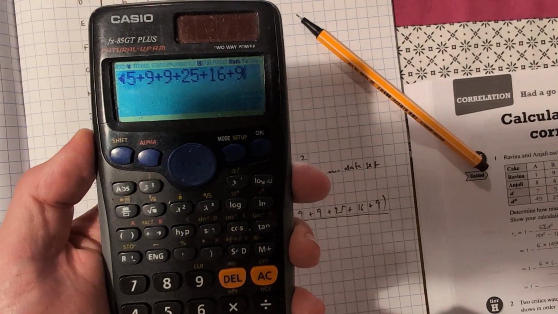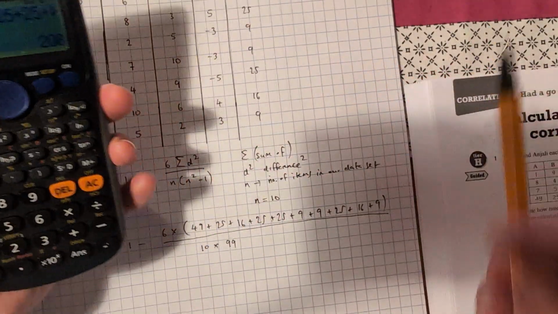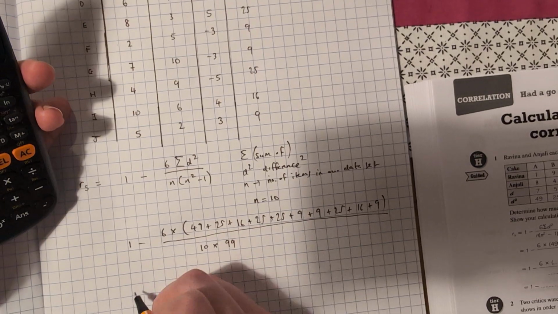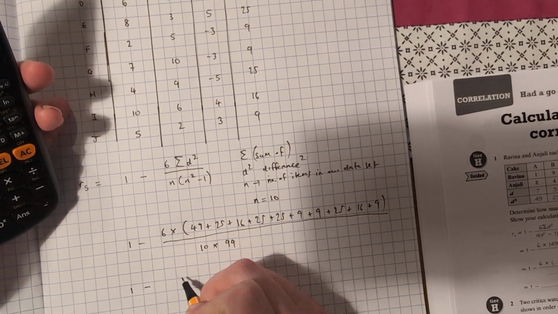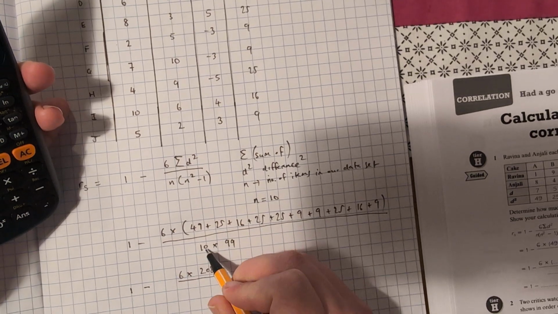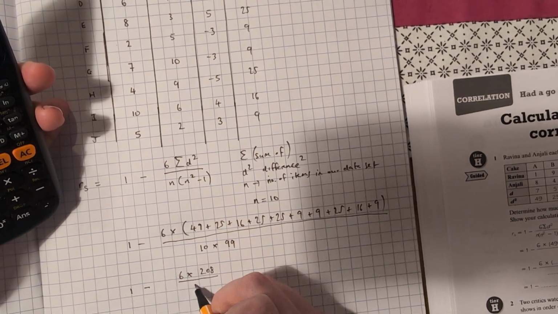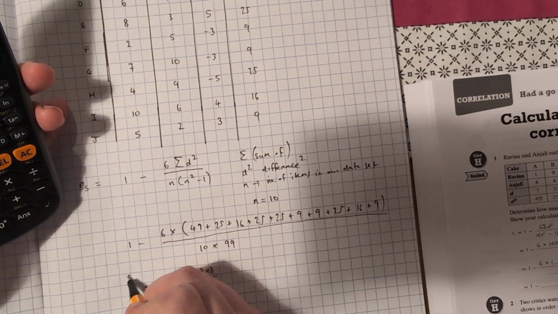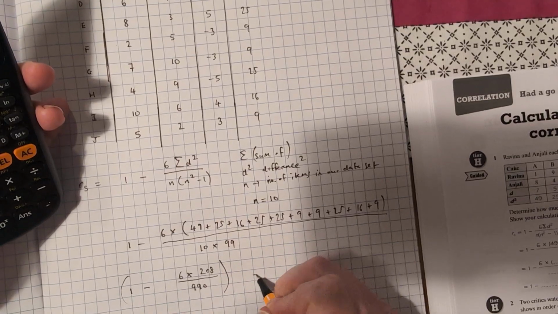And we should get that final answer as 208. So my formula becomes 1 minus 6 times 208 all over 10 times 99. 10 times 99 is 990. And we're going to put this all into the calculator at once.